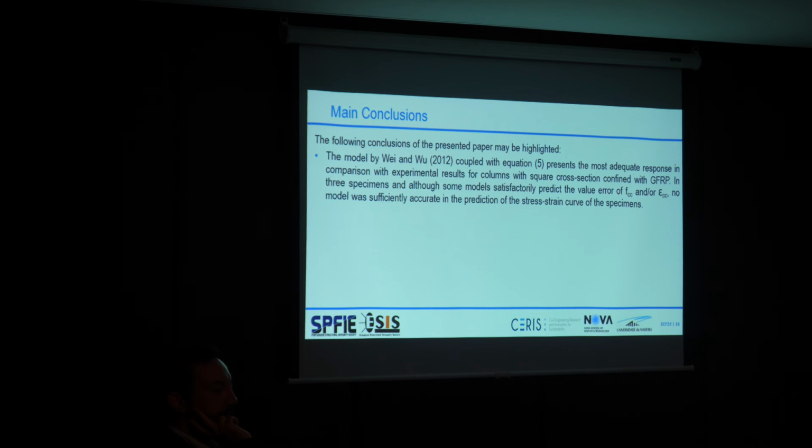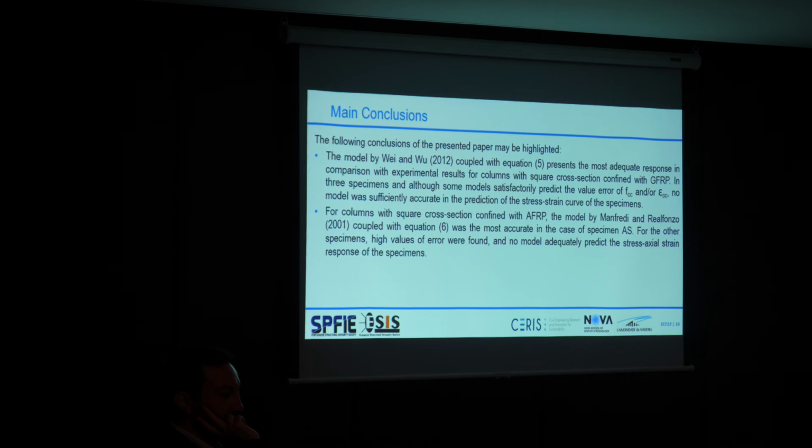The model by Wei Wu coupled with equation 5 is the most adequate for square cross sections confined with the FRP, and in 3 of the specimens the values were not good enough, where the model was not sufficient.